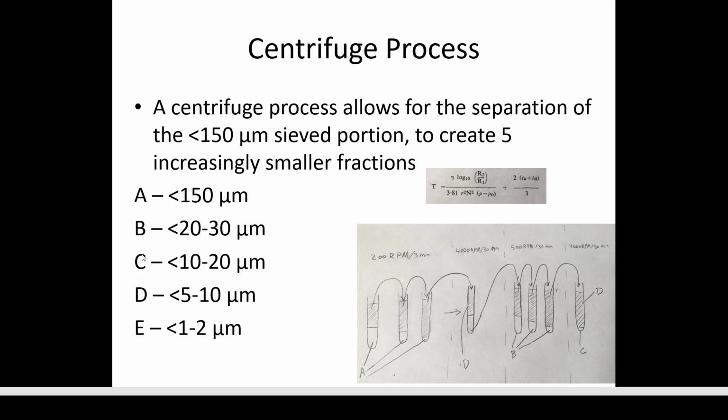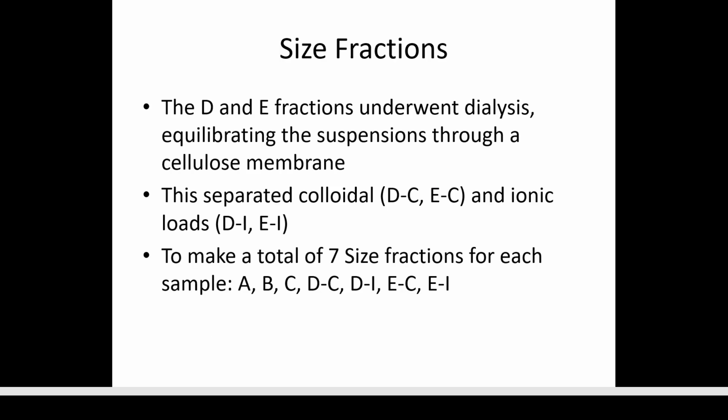These A, B, and C fractions were determined to be these different size fractions based on both qualitative and quantitative analysis. The D and E fractions then underwent dialysis. This allowed for the equilibrating of substances through a cellulose membrane.